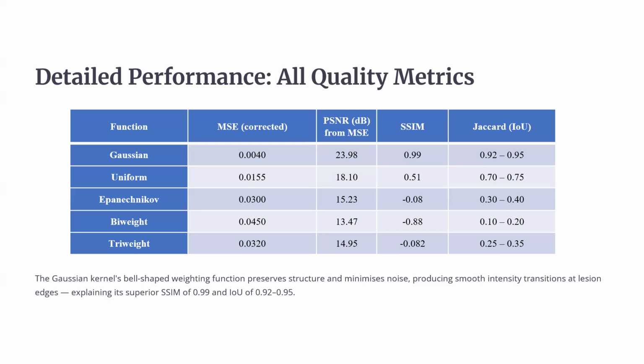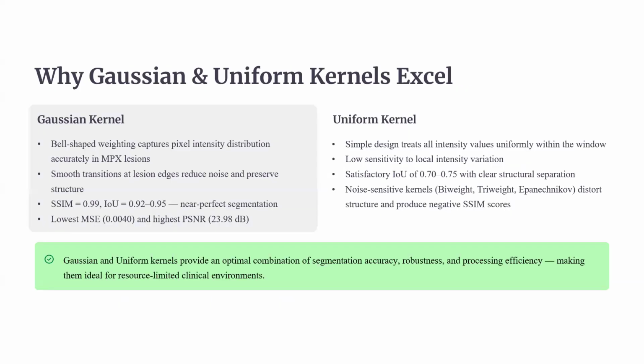The Jaccard for Gaussian was from 0.92 to 0.95. This can be said that the Gaussian kernel was the best at preserving structure, minimizing noise, and producing smooth intensity transitions in lesions.